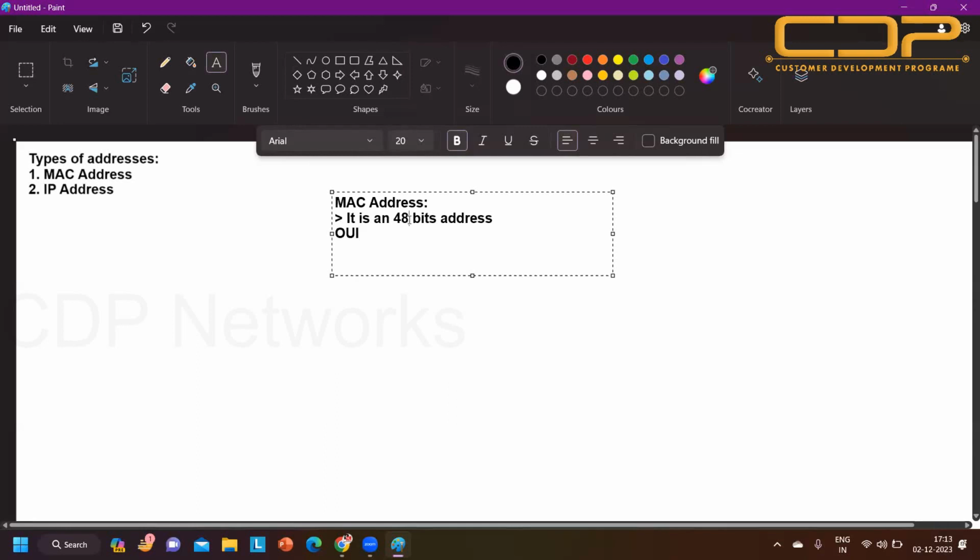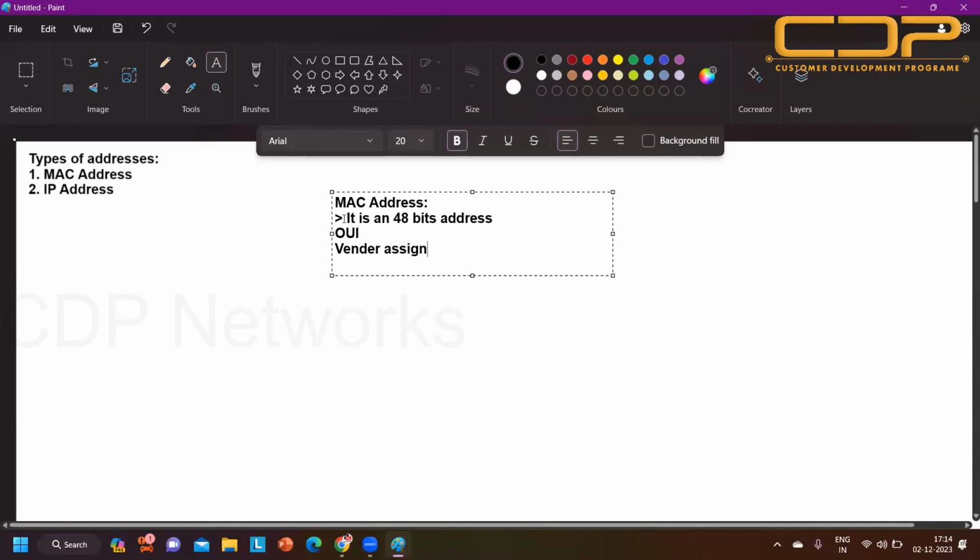See, if you divide the entire MAC address into two parts, you will get 24 bits plus 24 bits. So the first 24 bits of a MAC address is called OUI, Organizational Unique Identifier, right? And the last 24 bits is called vendor assigned. That depends on the vendor company who is manufacturing the device.